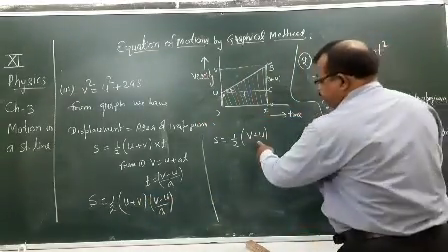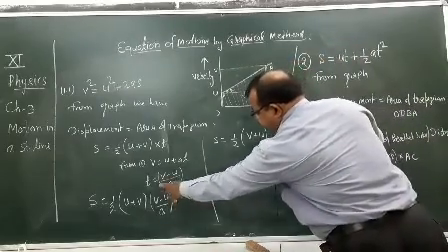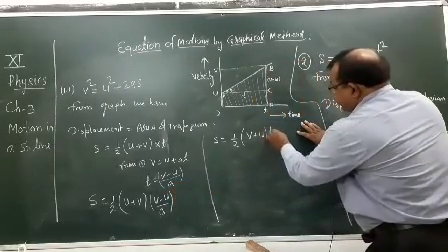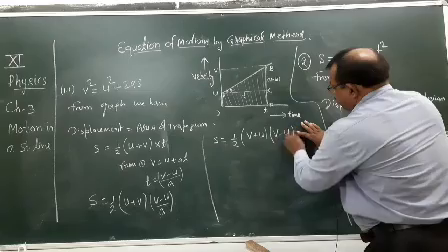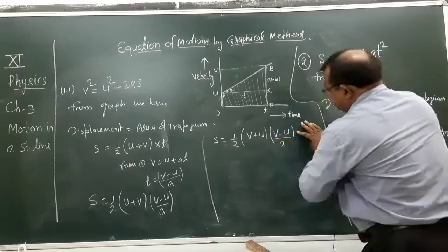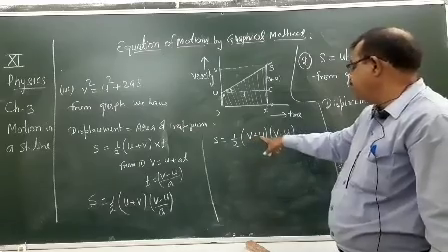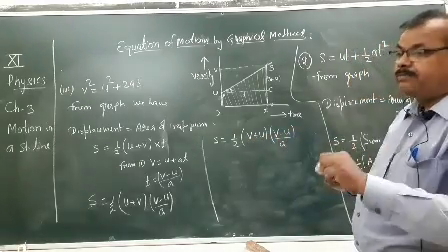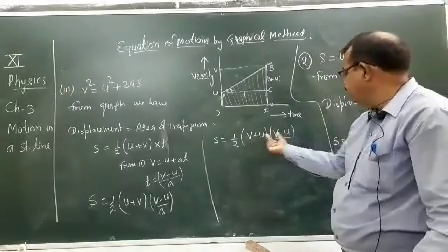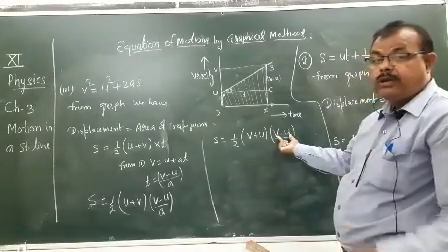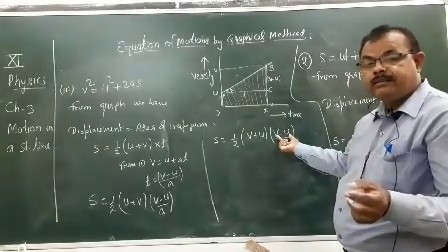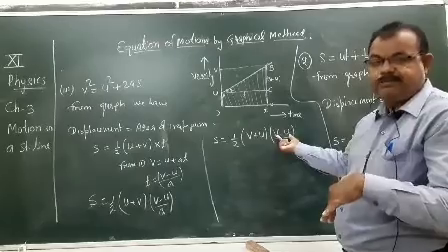So this is V plus U, and next in bracket V minus U upon A. Now this is identity, A plus B into A minus B, and you know A plus B into A minus B is equals to A square minus B square.